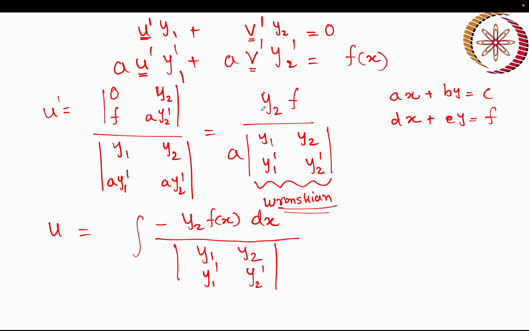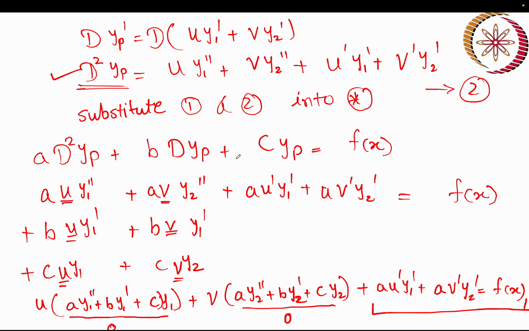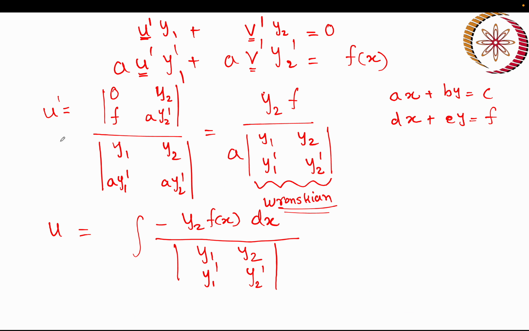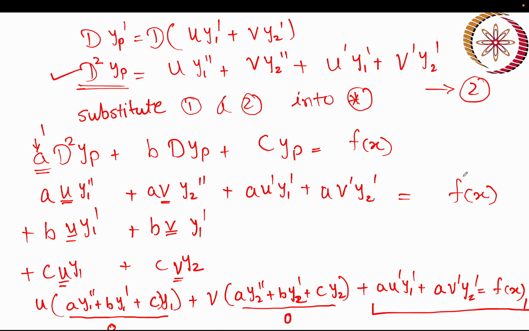This a has come because we considered it fairly general. It was here, but if we start with the form where a itself is 1, that we can always do by just dividing everything by a.